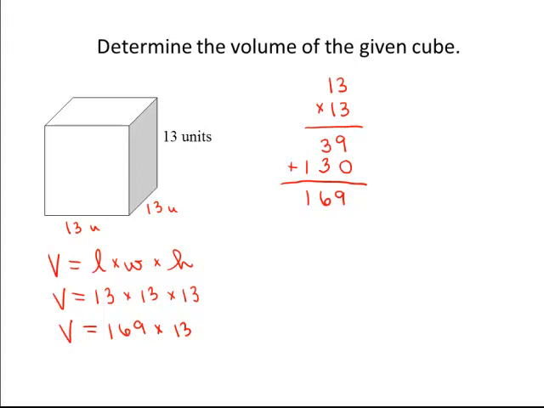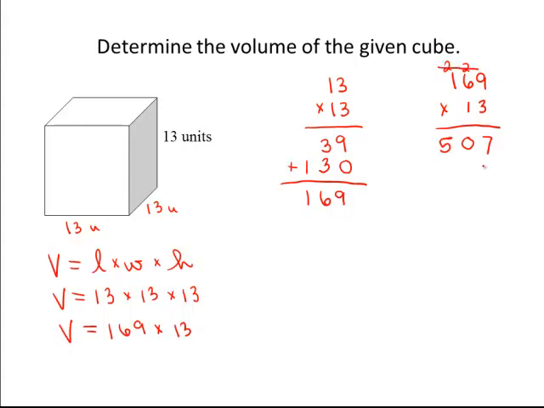We'll again come to the side to do that multiplication. 169 multiplied by 13. 9 times 3 is 27, carry the 2. 6 times 3 is 18, plus 2 more is 20, carry the 2. 3 times 1 is 3, plus 2 more is 5.